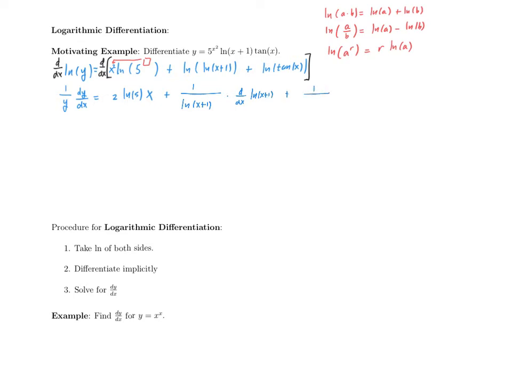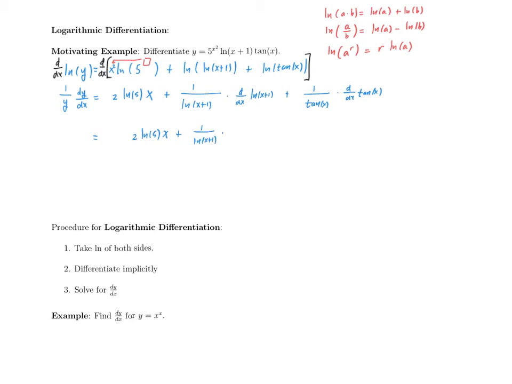By the chain rule, we differentiate the outside, evaluate at the inside, multiply by the derivative of the inside. And I still have 2 derivatives I need to take on the right-hand side. So let's go ahead and take care of those. We have the 2 natural log of 5x plus 1 over the natural log of x plus 1.